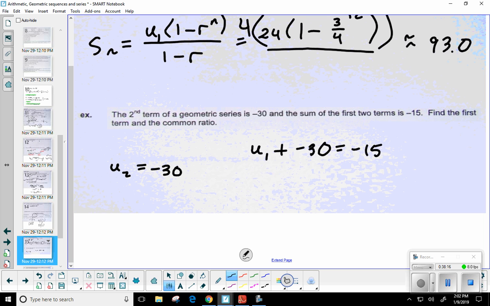Okay. So immediately, what is u sub 1? Yeah. Okay, so we found the first term. All right. So if the first term is 15, and the second term is -30, well, what's the common ratio? It's got to be -2. Okay. I can just take the second and divide by the first.